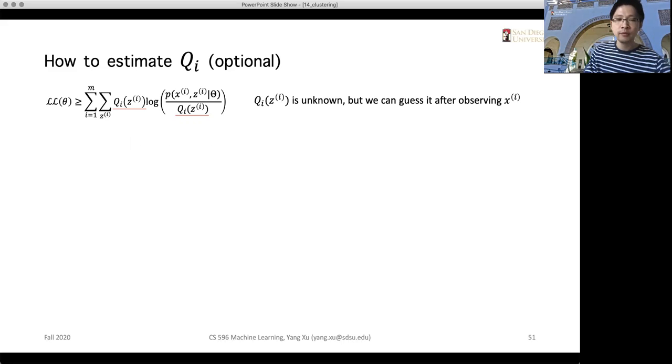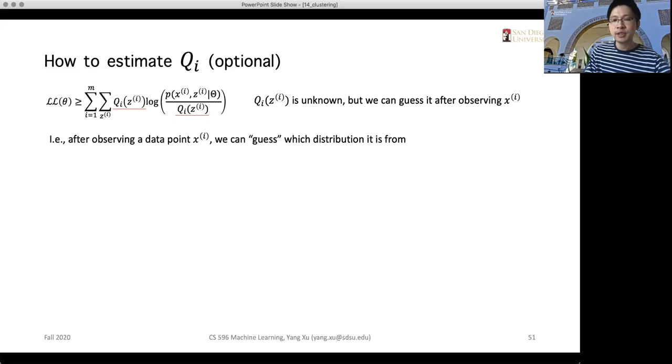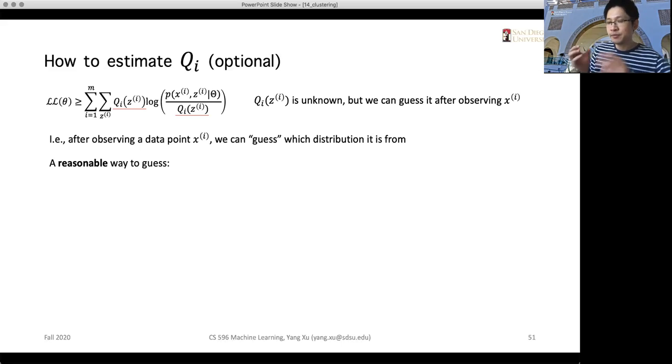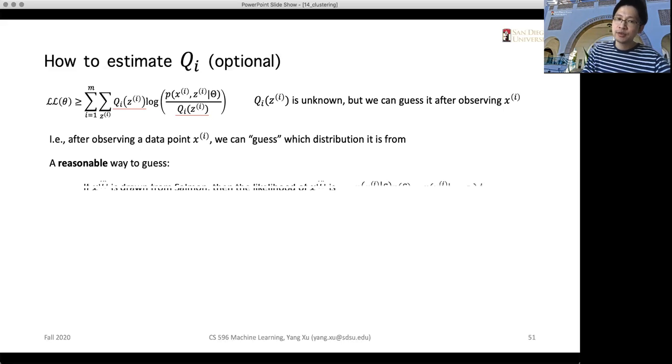For example, we can simply use a reasonable way to guess the probability. We can compare two quantities. Say, it's actually a thought experiment here. Assume that one data point is from a salmon. Then we can compute the likelihood of X this way.